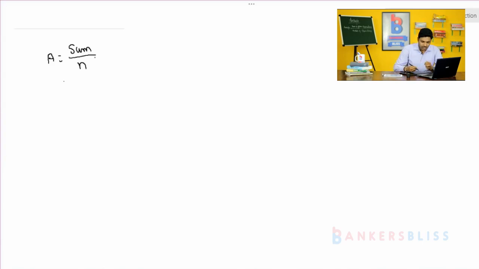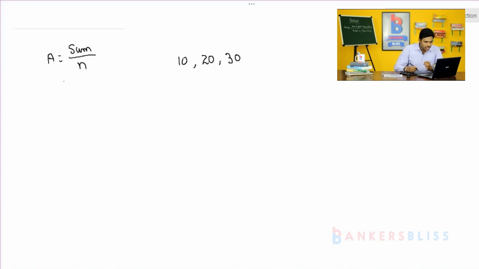So for example, we have the three numbers 10, 20, 30. I have to calculate the average of these three numbers. Average is also nothing but the middle value.